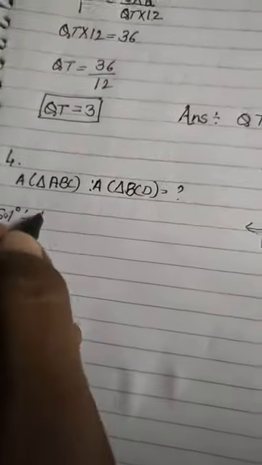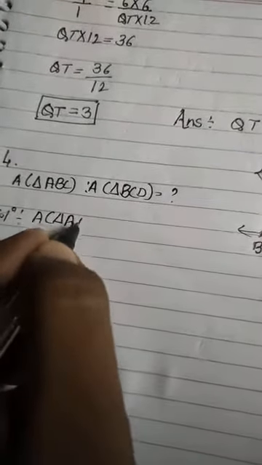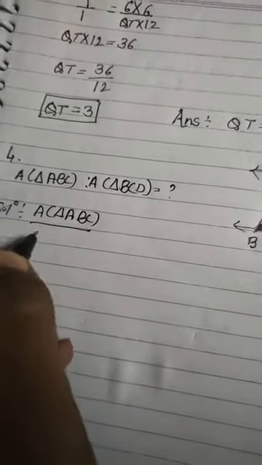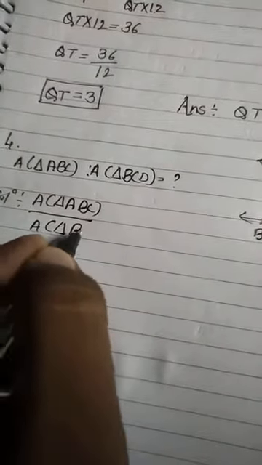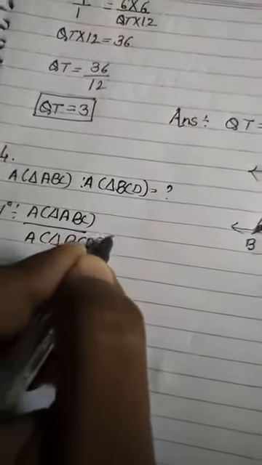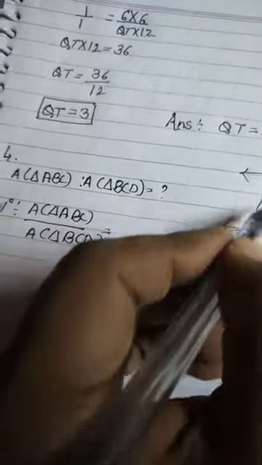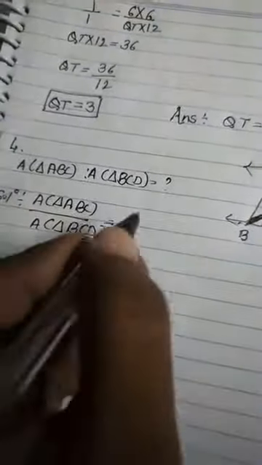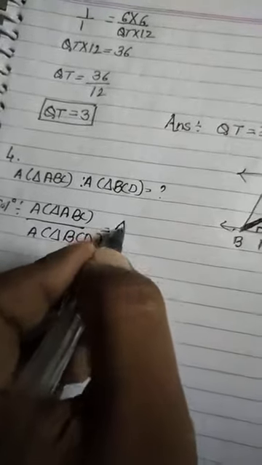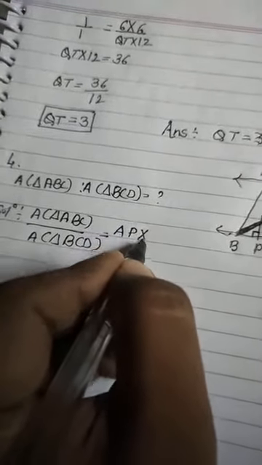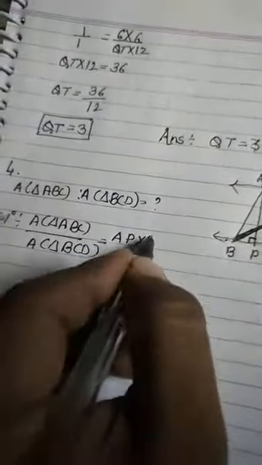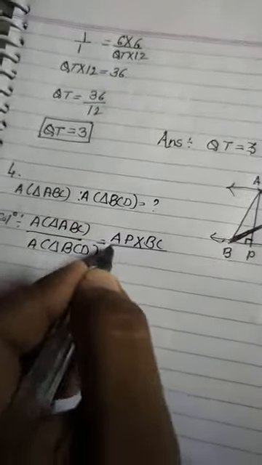Solution: if you observe the area of triangle ABC upon the area of triangle BCD, for ABC the height is AP and the base is BC.